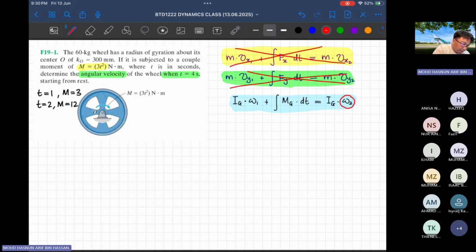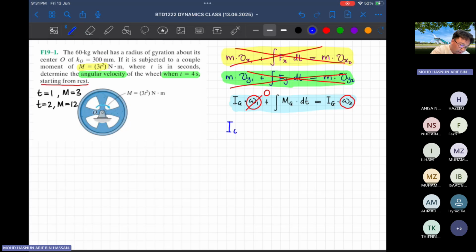And there is another clue here: starting from rest. When it says starting from rest, it means that omega 1 is equal to 0. The value of omega 1 is 0 because it starts from rest. So what do we do here? Now let's calculate Ig first. In this case, the center of gravity is given by O, so let's use IO instead of IG.